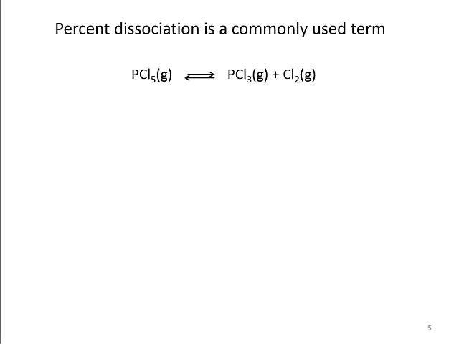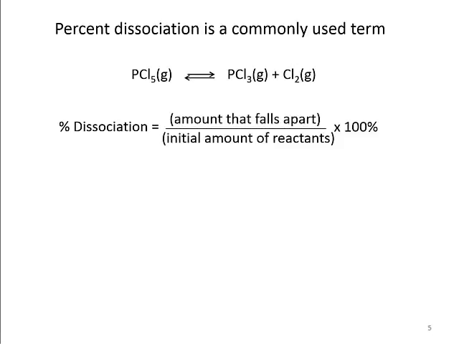It's a commonly used term, and the meaning of percent dissociation is fairly simple: how much falls apart, and mathematically that is the amount that falls apart in units of atmospheres or molarity divided by the initial amount of the reactant.